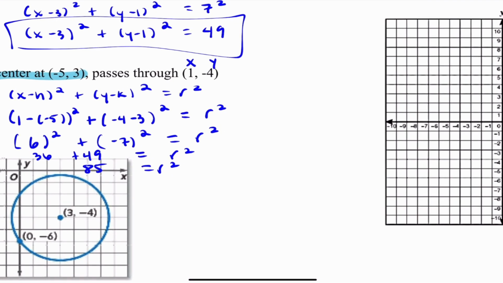So your answer, I'm going to put this in red, by the way, it's (x minus -5) quantity squared plus (y minus 3) quantity squared equals 85, because r squared is 85. So this should be (x plus 5) quantity squared plus (y minus 3) quantity squared equals 85, and that should be your answer. Okay?